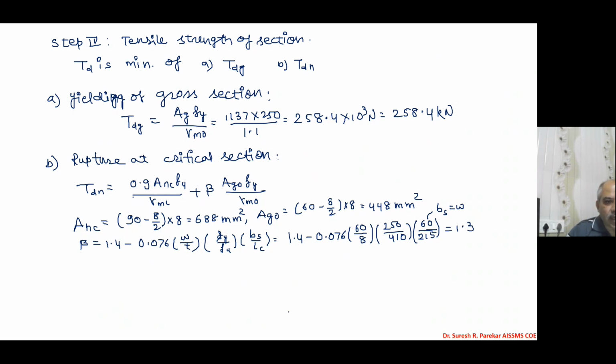And now we will substitute this, and then we will calculate TDN, which is equal to 0.9. ANC is 688. Fu 410 upon 1.25 plus beta is 1.3. AGO we have 448. Fy 250 upon 1.1. And then we have this value 0.9 into 688 into 410 upon 1.25 plus 1.3 into 448 into 250 divided by 1.1.